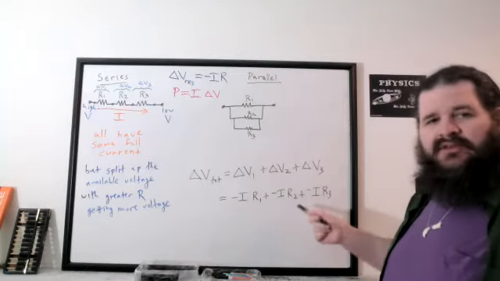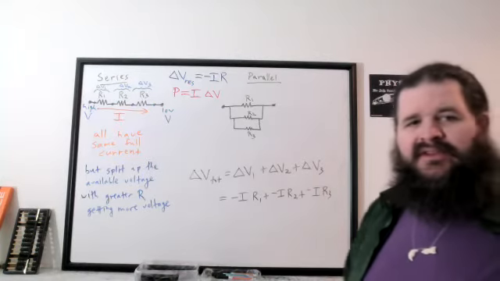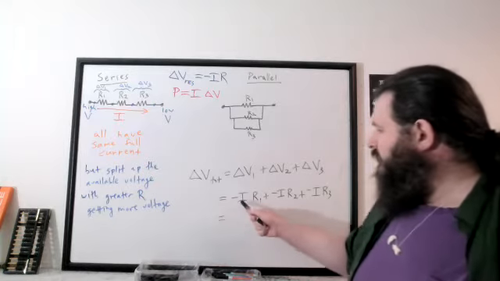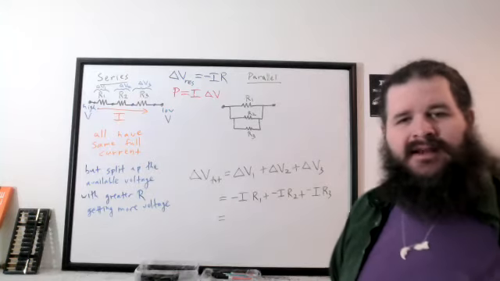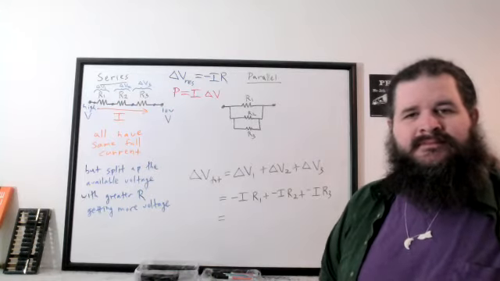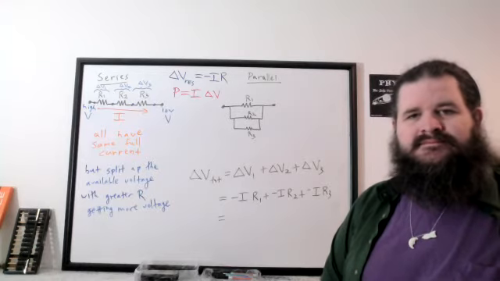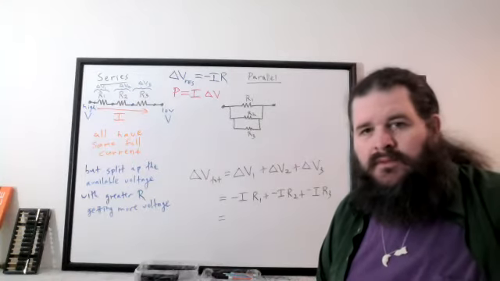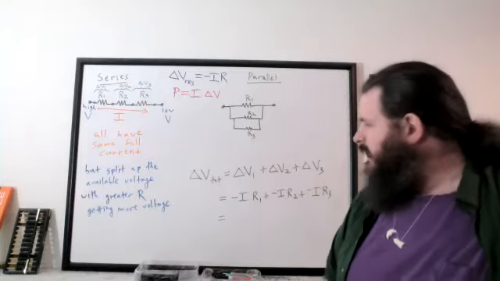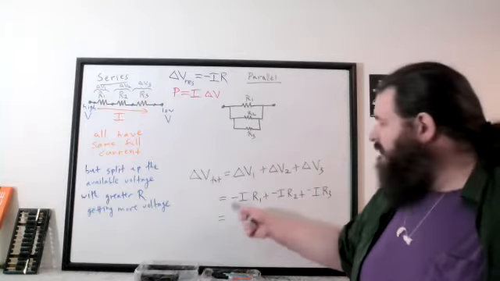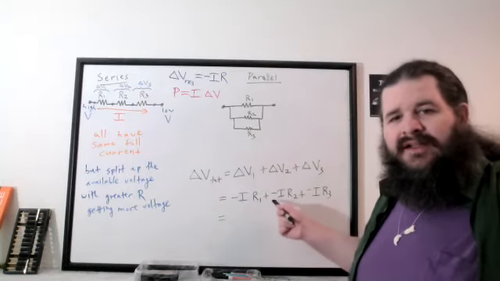Same current because they're in series, so we don't really need to even label these as I1, I2, and I3. It's just the current. And since it's the same current, what can we do with that in every term? Well, we can't really just add them together to get 3I, because it's not just negative I plus negative I plus negative I. It's negative I times a coefficient plus negative I times a coefficient.